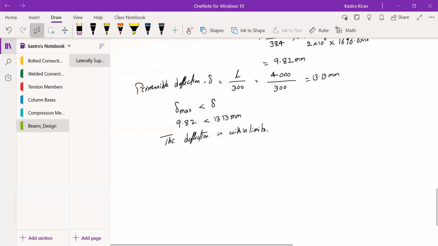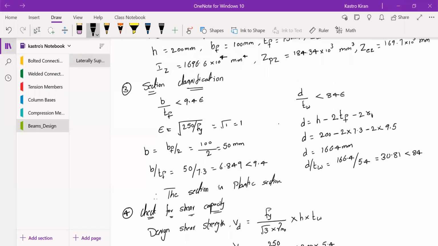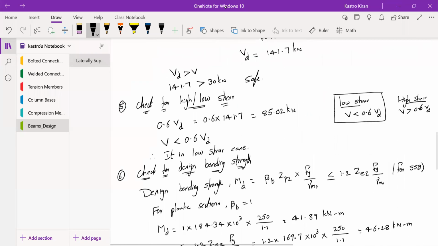So here, if you check, the value of D by TW is less than 84 epsilon, right? Remember, you don't need to do the check for web buckling when the value of D by TW is less than 67. You can keep this as a note.